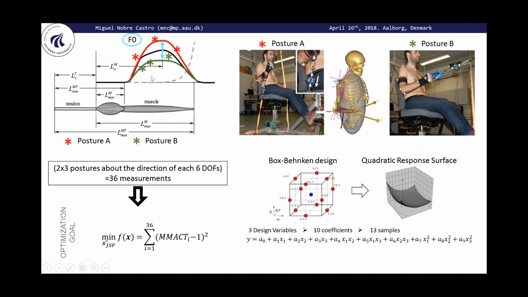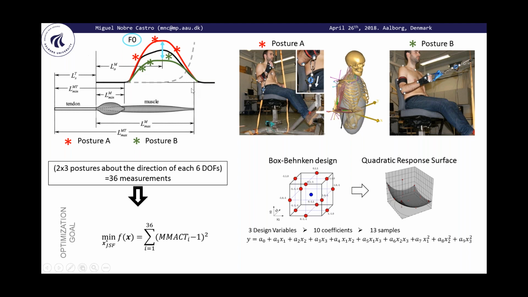that will be translated in that for each one of the angles, let's say we have elbow flexion here, as you can see, and we have three different measurements. For those three different measurements, the muscle-tendon unit will be varying its length. That would correspond to three different points in this curve.